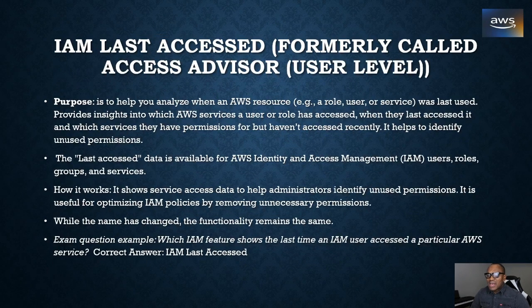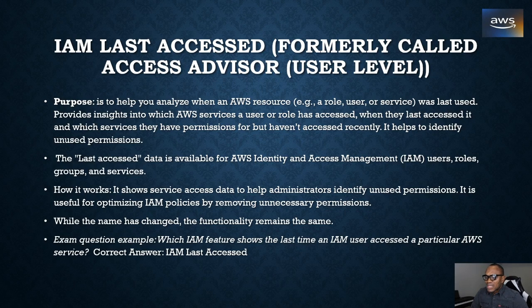And IAM Last Access, which was formerly called Access Advisor, works at the user level, and it helps you to analyze when an AWS resource was last used. It provides insight into which AWS services a user or role has accessed, and when they last accessed them, and which services they have permission for but haven't accessed recently.